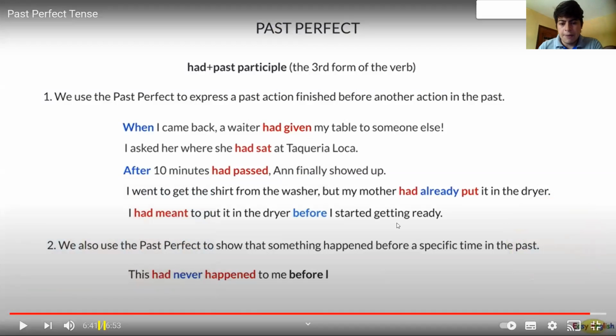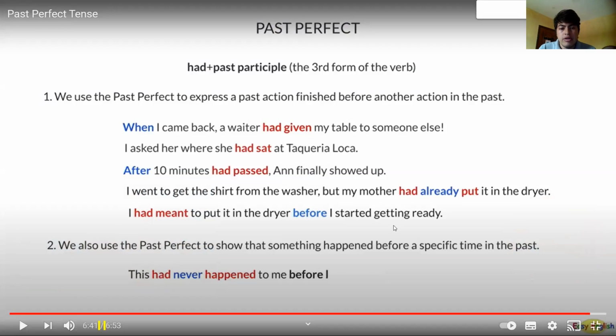Okay, as you can see, the past perfect rule is formed by had plus past participle, the third form of the verb. As you can see in these examples, the video is a conversation about what happened on a date for him.